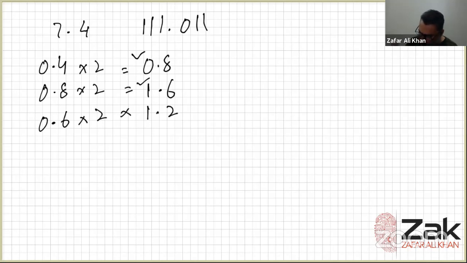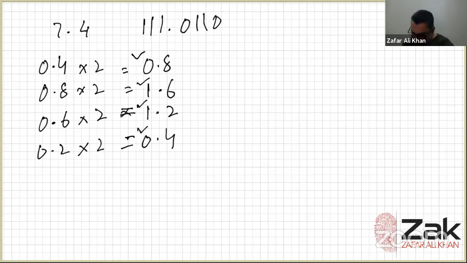Let's say we have got 4 bits, and then we take 0.2 and multiply it by 2. This will make it 0.4. Then we take this 0 and put it over here.